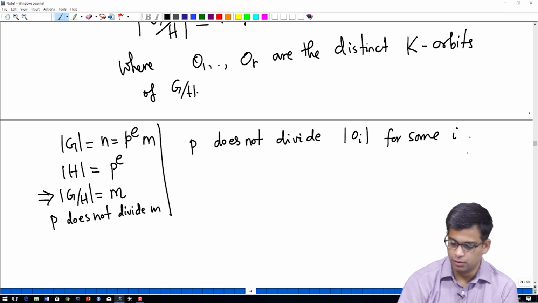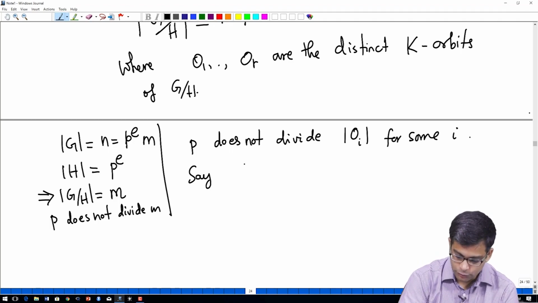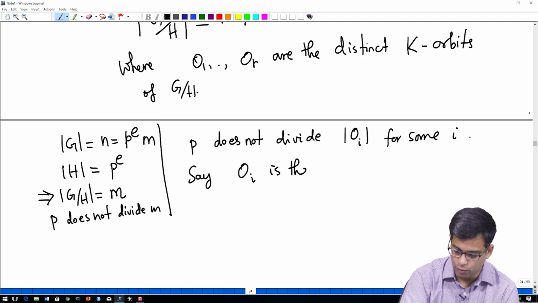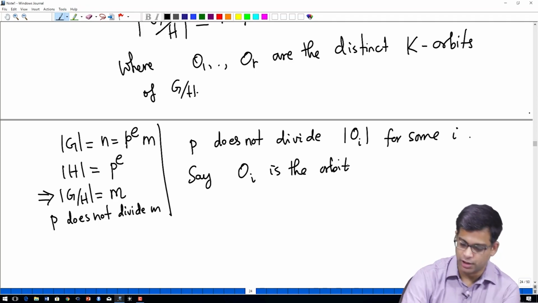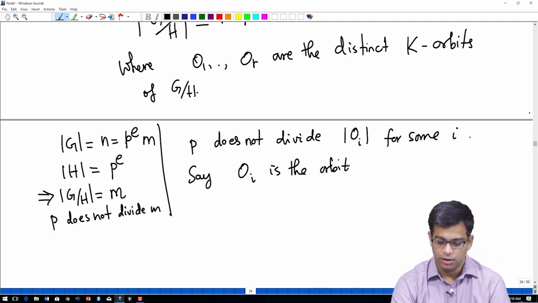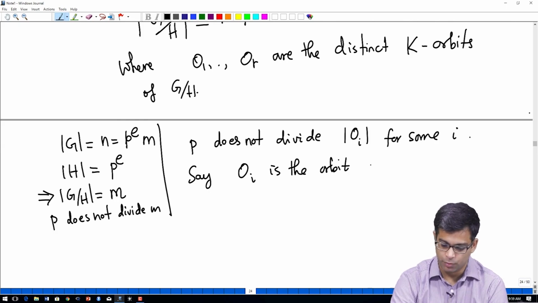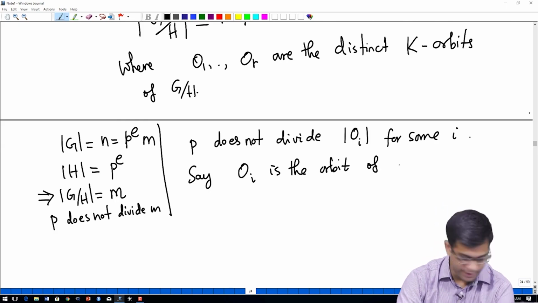So, P does not divide the order of OI for some I. So, say OI is the orbit. Remember, it is convenient to write O1, O2, O3, but they are all orbits of elements of G mod H. So, say OI is the orbit of some AH.